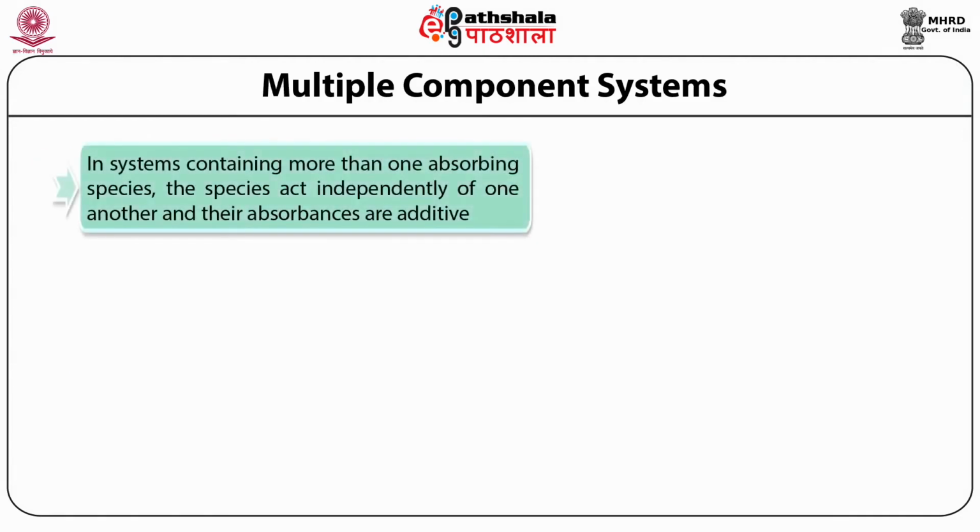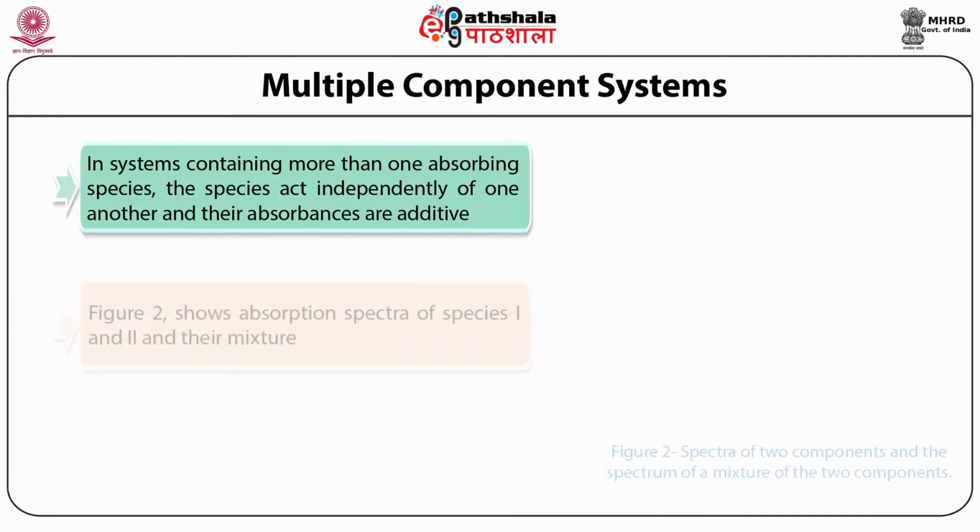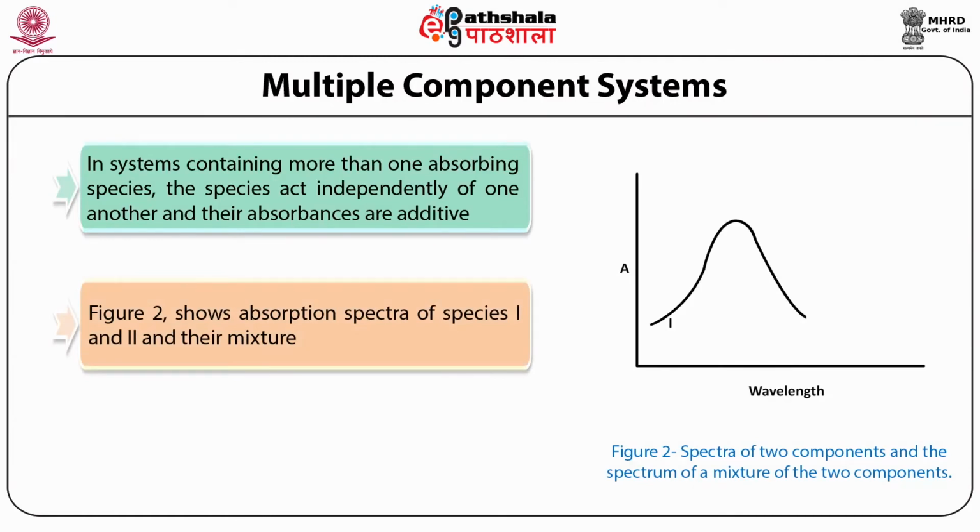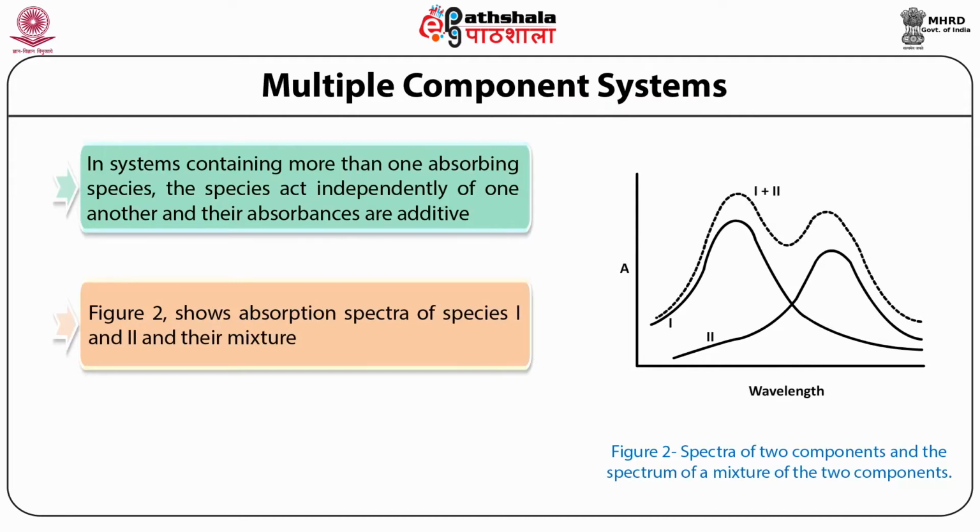For multi-component systems containing more than one absorbing species, it is assumed that the species act independently of one another and that their absorbances are additive. From figure 2, we can see the absorption spectra of species 1 and 2 and their mixture.